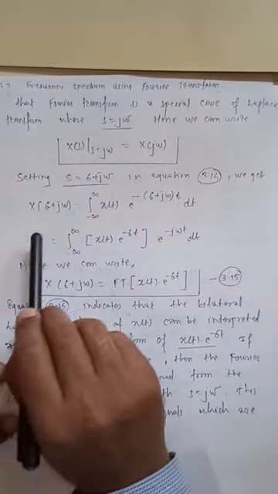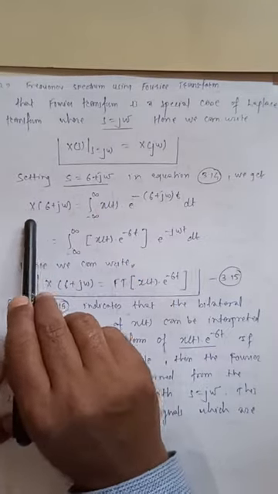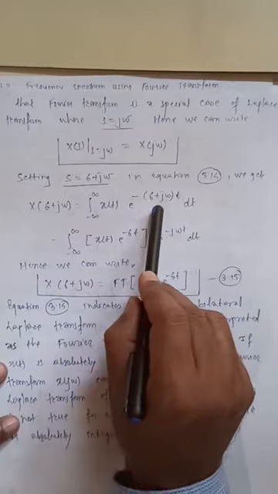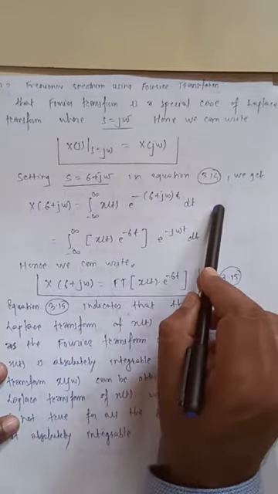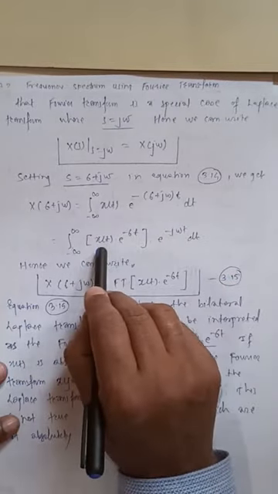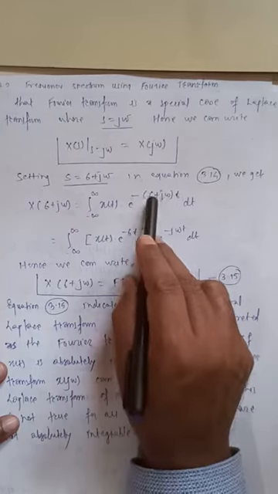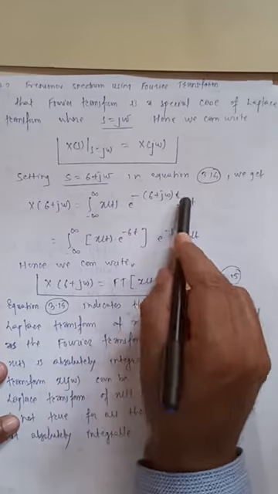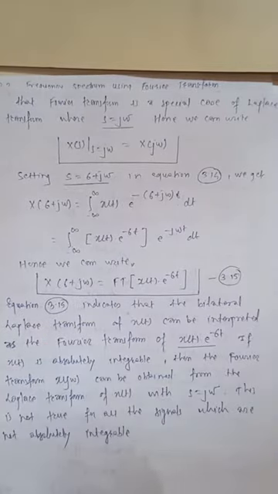So if s is replaced with sigma plus j omega, we get X of sigma plus j omega. Then you can write x(t) into e raised to minus sigma t into e raised to minus j omega t, so we can take it outside. So this is the representation.